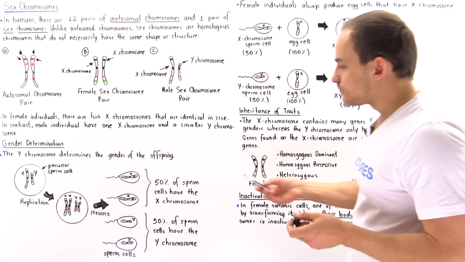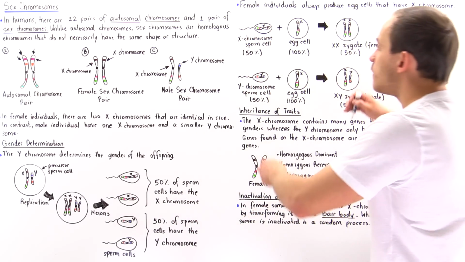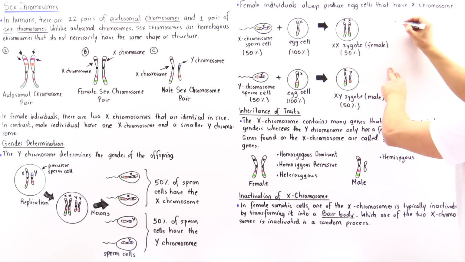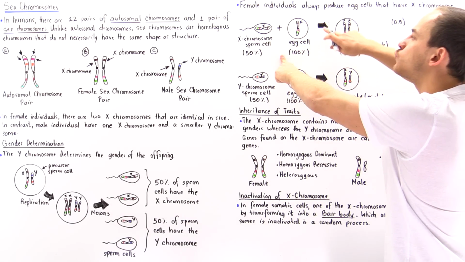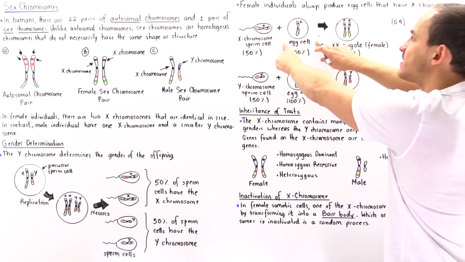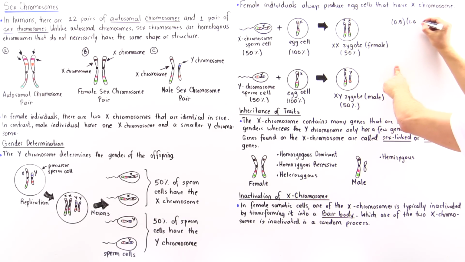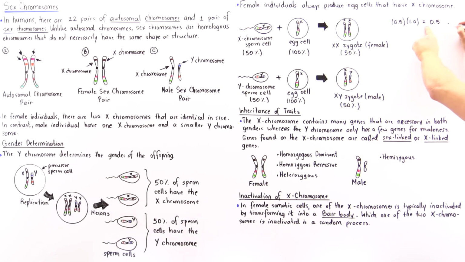So we see that because there is a 50% chance of forming a sperm cell that is carrying the X chromosome, we have 0.5 chance of that taking place. And we have 100% chance of the X cell forming the X chromosome, so that is equivalent to 1.0. We multiply these two and we see that there is a 0.5 or a 50% chance of forming the female individual.